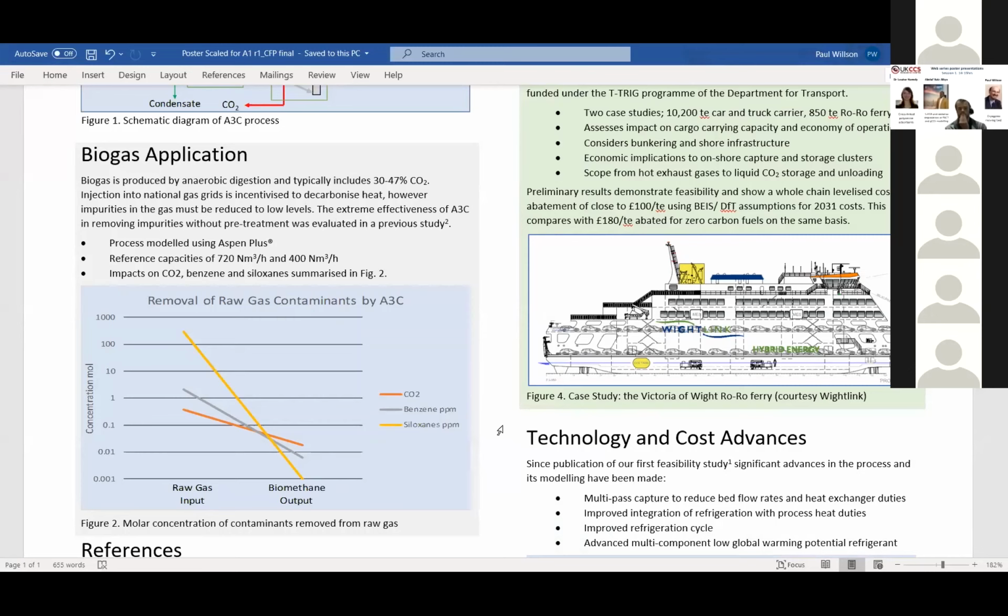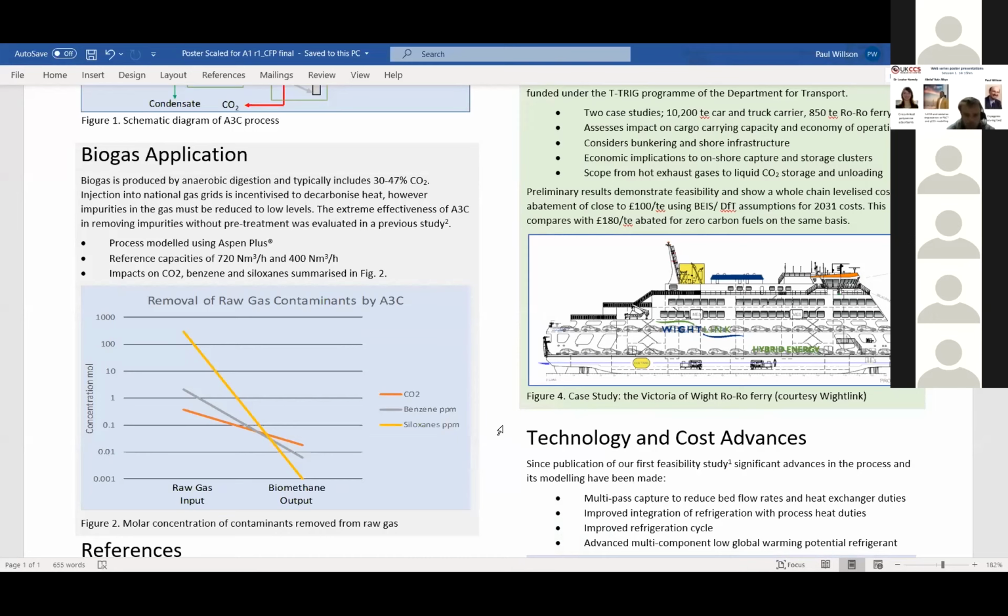If you're going to upgrade biogas to inject it into the gas grid, those contaminants have to be eliminated. So using our Aspen Plus modeling, we estimated the impact on the contaminants of the process.